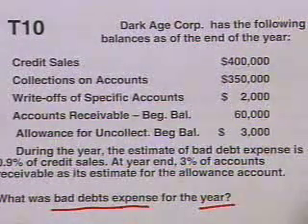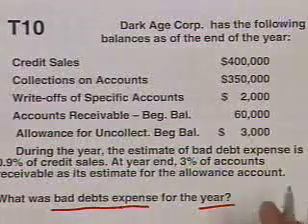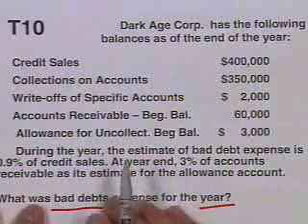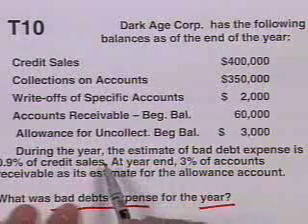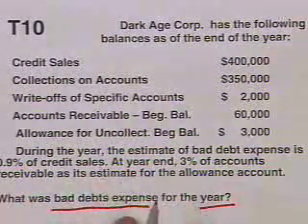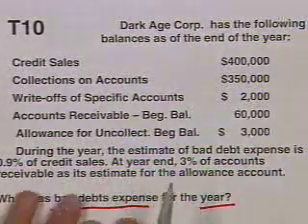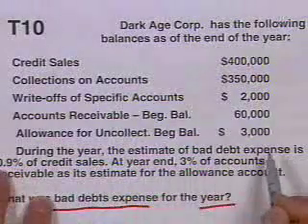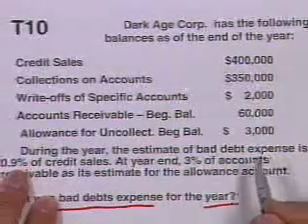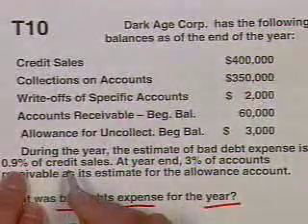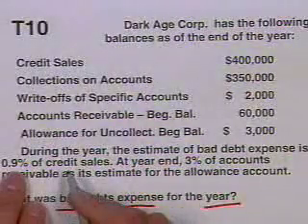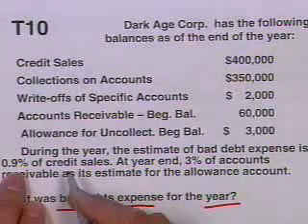Now, in an effort to explain what's going on, what this company does is it uses 2 methods to calculate bad debt expense. During the year, this is for quarterly statements, things like that, they use a percent of sales, right? In this case, 0.9% of credit sales is used as an estimate for bad debt expense.